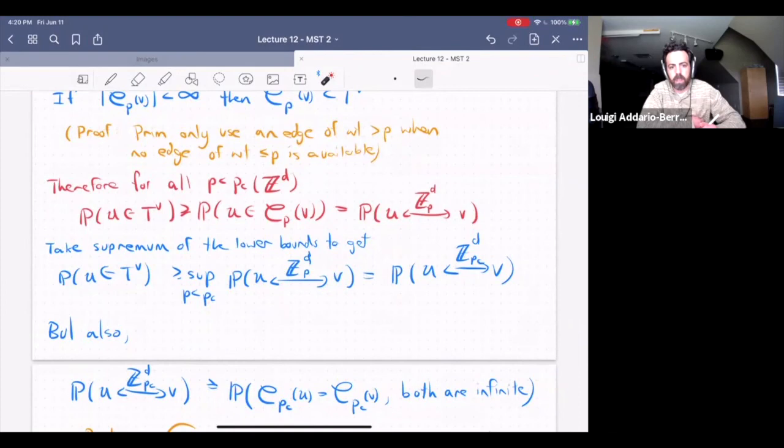But I'd have to write it out carefully to be sure there's not a mistake there. I thought it was just continuity from below, but that's the sort of thinking that I'm very bad at doing on the fly. So if there's an issue there, I'll write a note after the lecture.